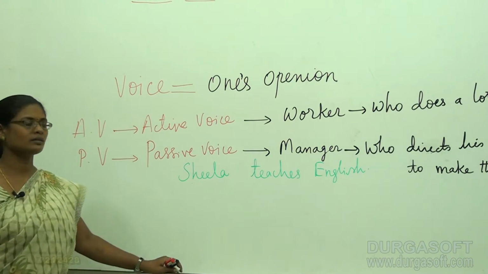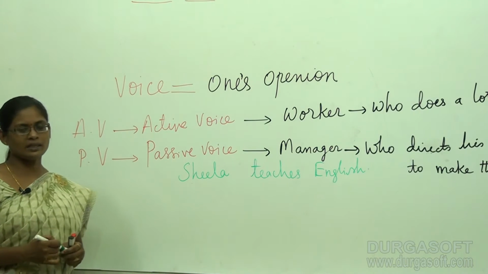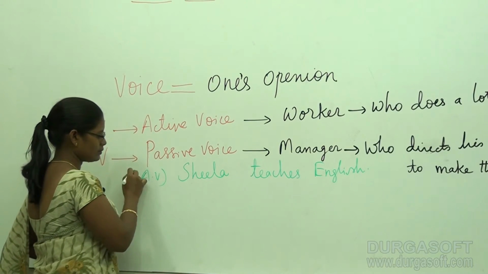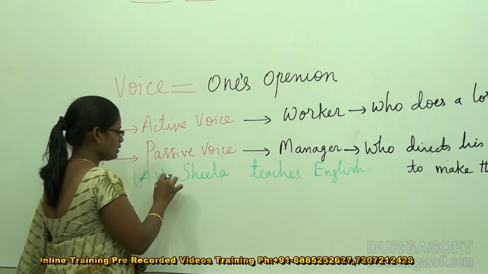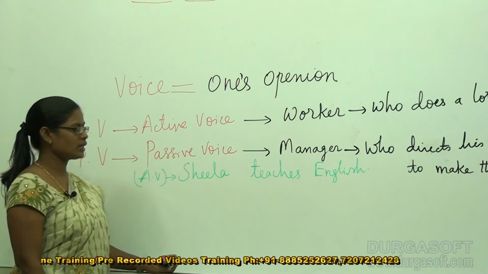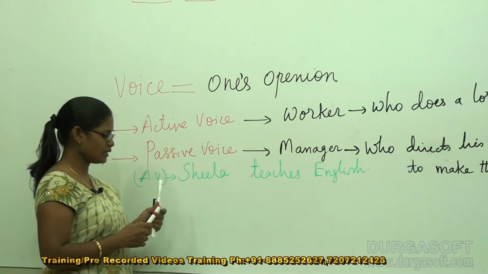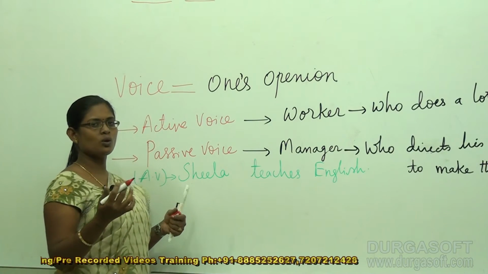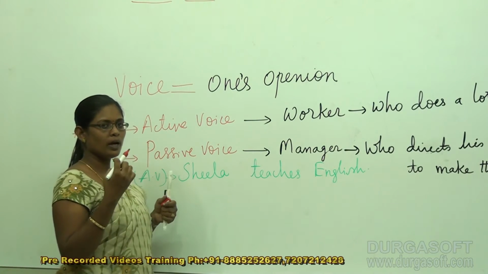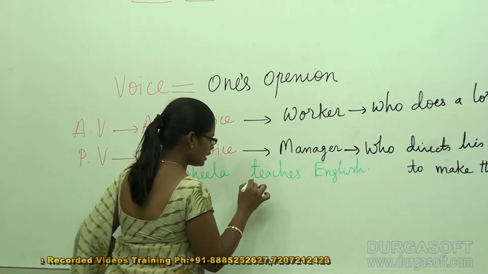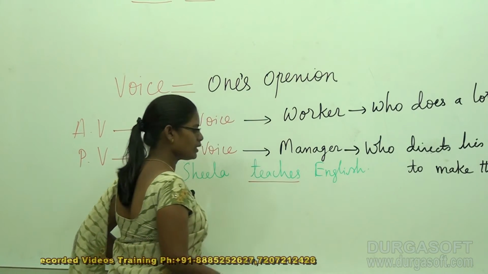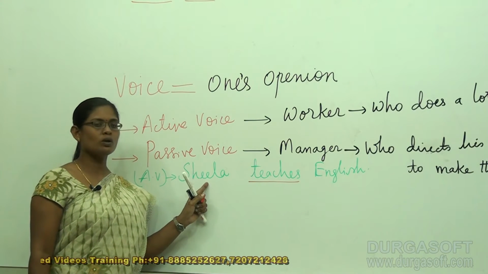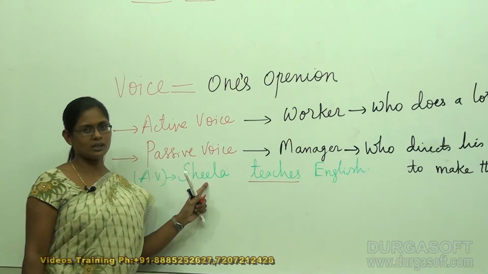This is my actual sentence, which is in the active voice. Here I can see directly, Sheila teaches English. There is no helping verb that took place in between. Here it is directly in a tense form. When we go to tenses, this belongs to simple present tense, right?